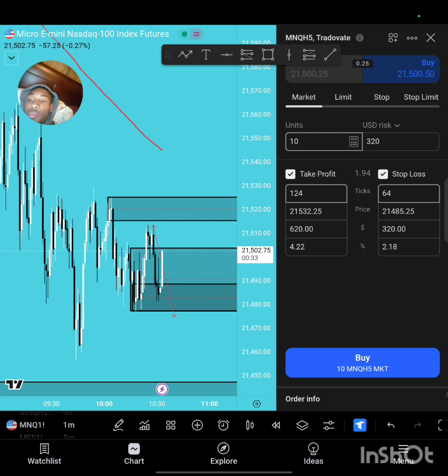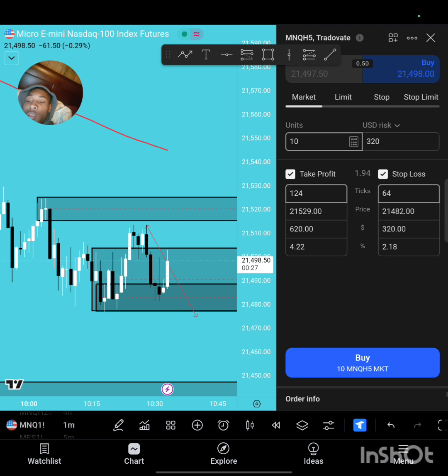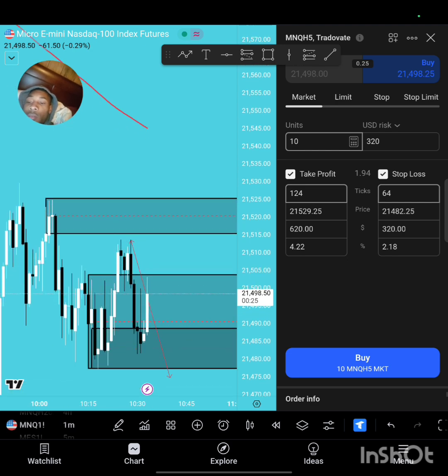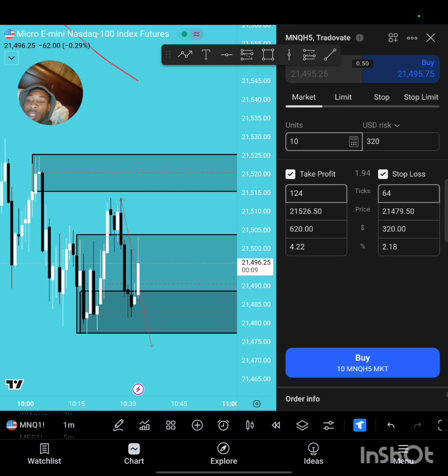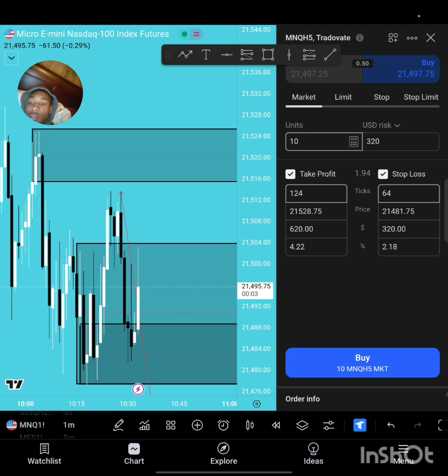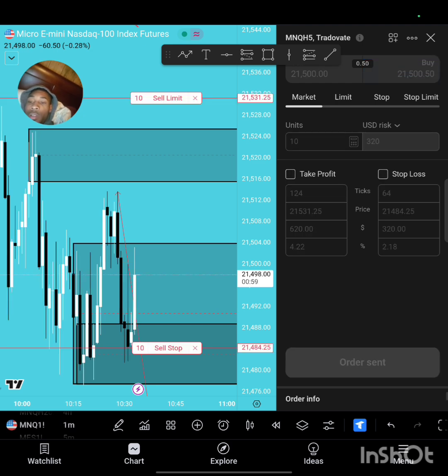Dang, I hate when they push up so fast like that, because I can't get in until the candle closes. If it stays above our trend line and keeps that good pressure right there. Oh yeah, we're gonna enter that.